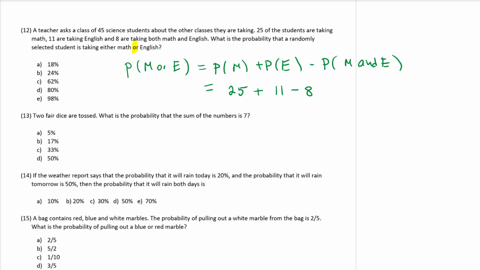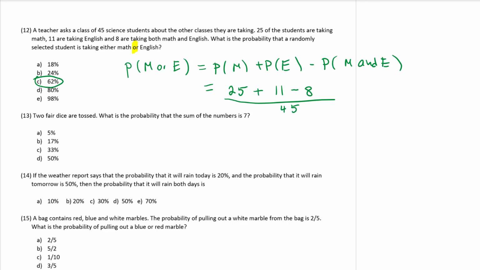All right, and then the whole thing is going to be divided by how many? The total is 45. Okay, so that gives us a probability of 62%. So you add, subtract, divide by 45, and you get 62% as your answer.